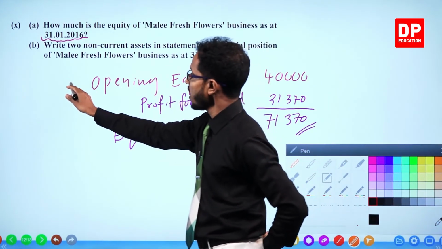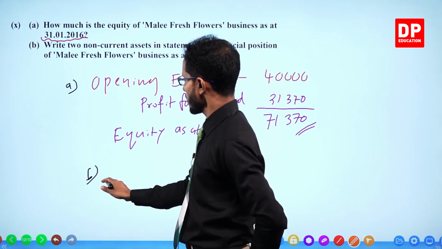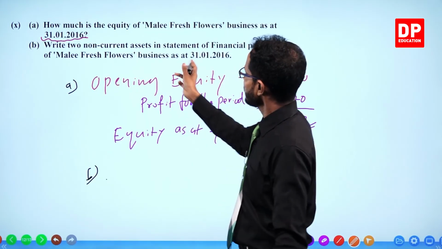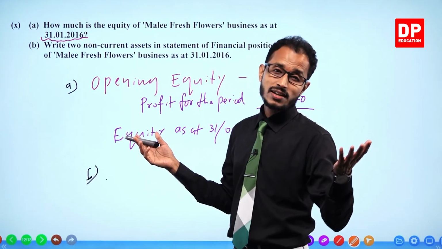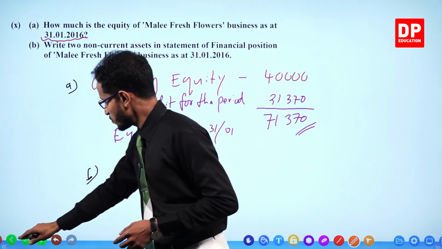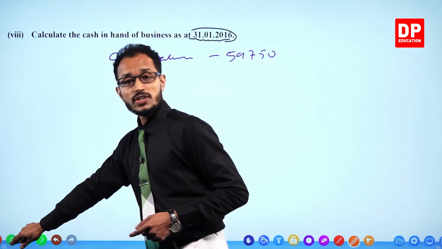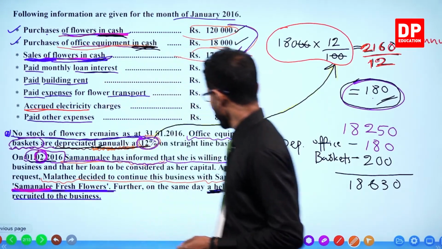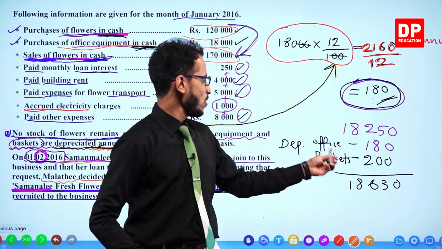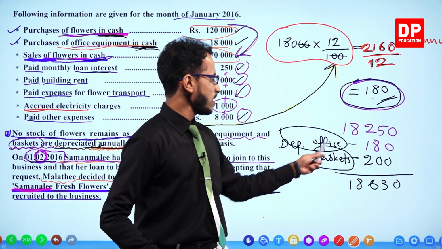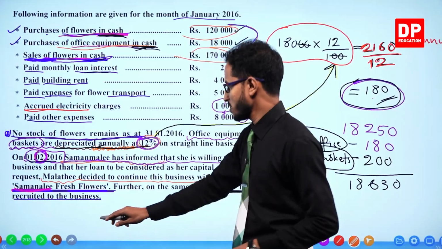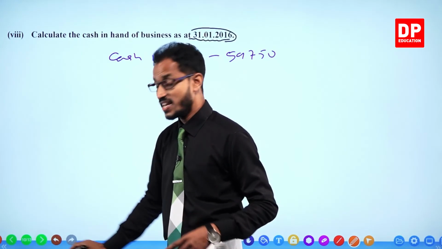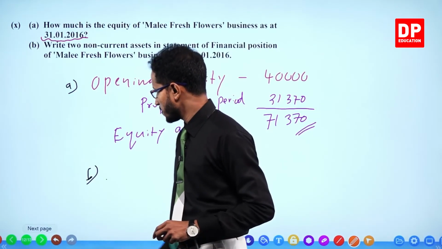Children, we have a B part. This is A part. Write two non-current assets in the statement of financial position of Marley Fresh Flowers as at 31st. Two non-current assets. The non-current assets which we depreciated, those are the non-current assets. What are the non-current assets? Here we go. Office equipments and baskets. Remember, all the non-current assets are depreciated and only non-current assets are depreciated.